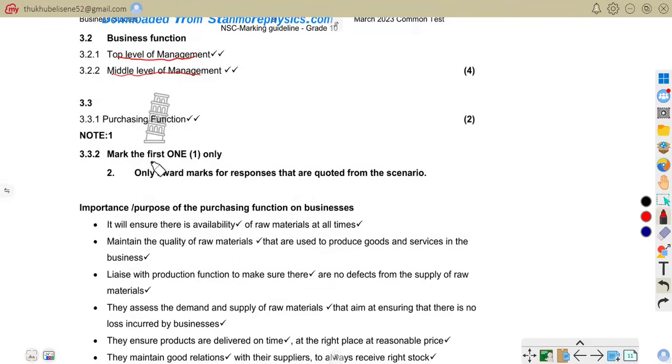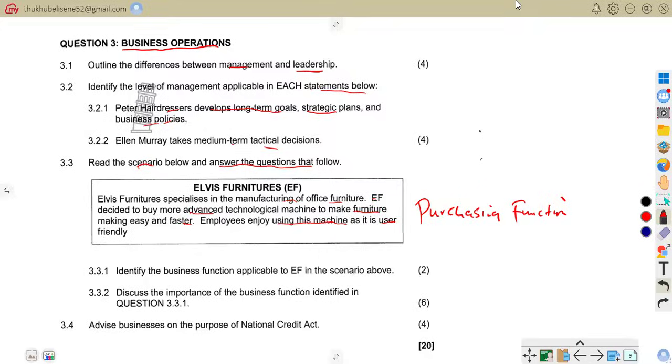Let us move on to 3.32, because for 3.31 the answer is the purchasing function, since Elvis Furniture decided to buy a more advanced technology machine to make furniture, making it easy and fast.